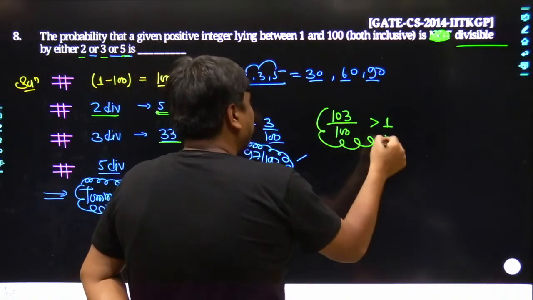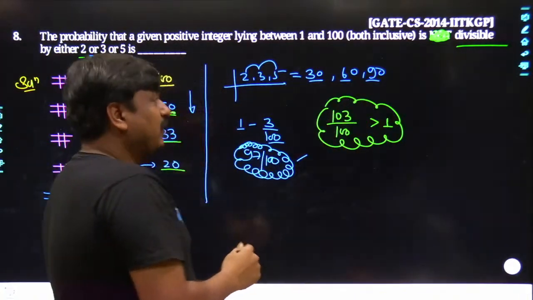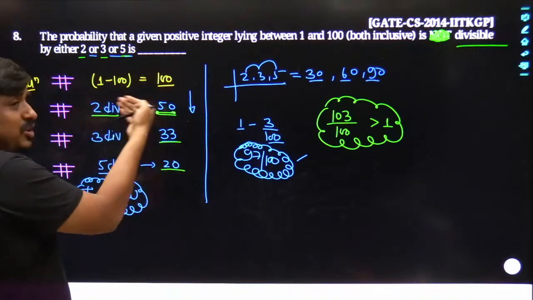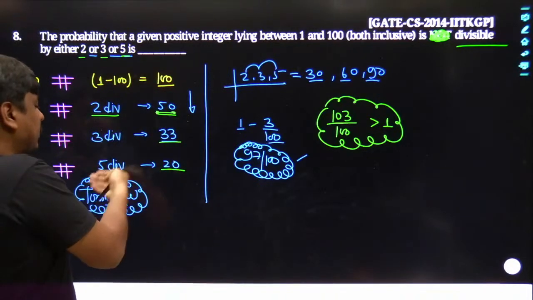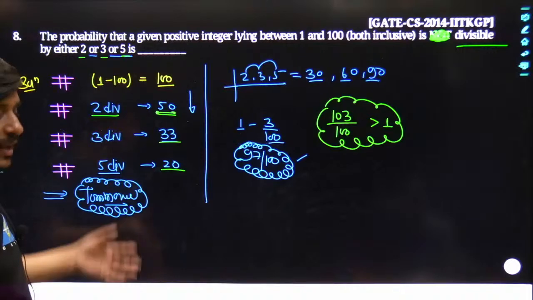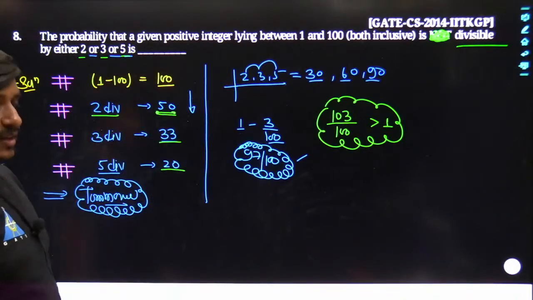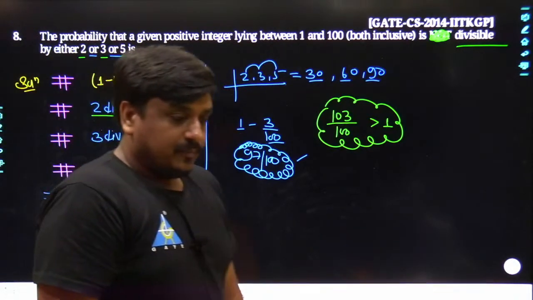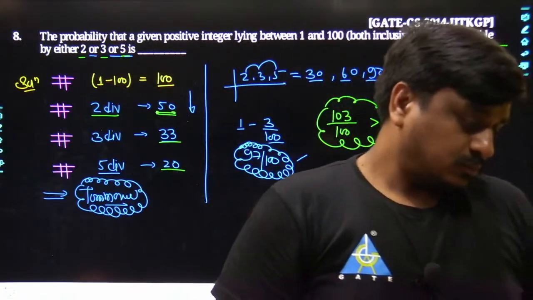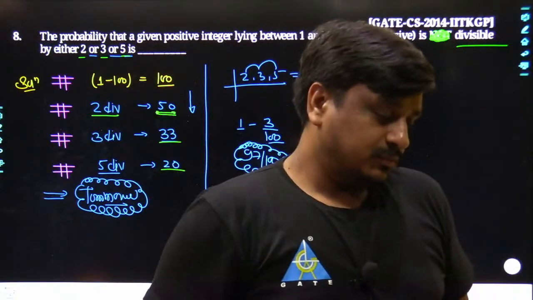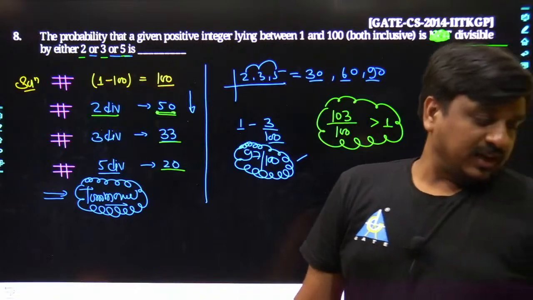What does that mean? That means there were a few numbers which were part of divisibility with 2, divisibility with 3 and divisibility with 5. That has to be taken out, that has to be extracted out.